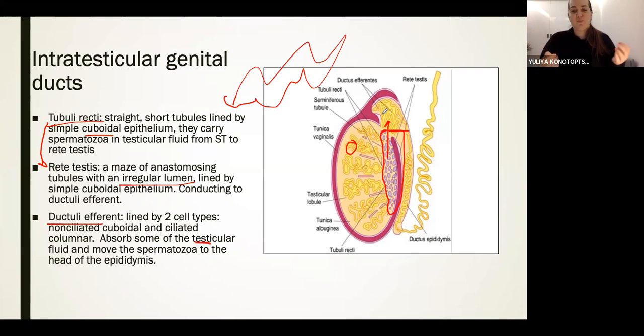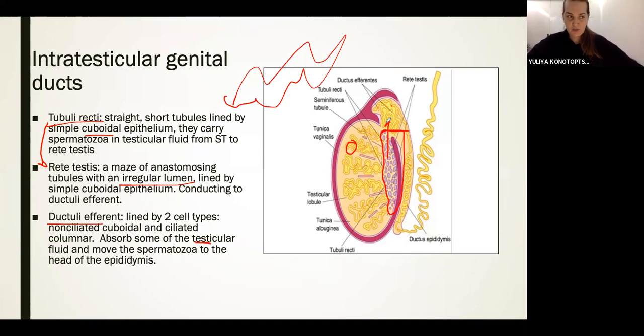It's very important for spermatozoa to actually learn motility, to use their flagellum. And where do they learn the motility? Not in the vas efferent. They learn it in the head of the epididymis. It's just that you start to absorb the fluid in the vas efferent.